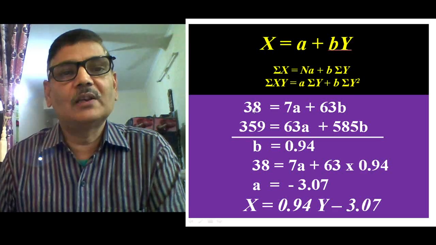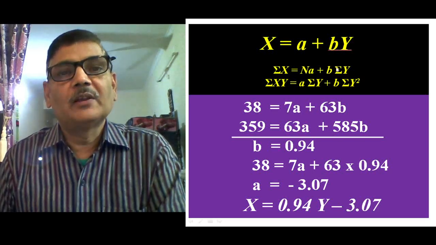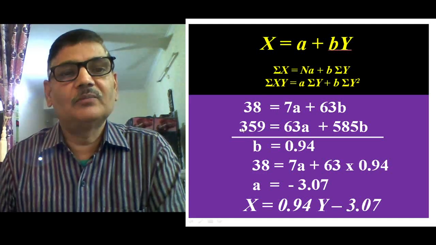Sum of x, that has come 38, is equal to, total number of observations are 7, so n is equal to 7, a plus sum of y, it has come 63, so 63b. And then sum of xy has come 359.